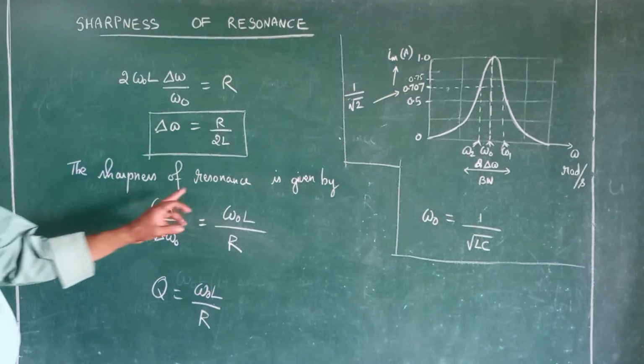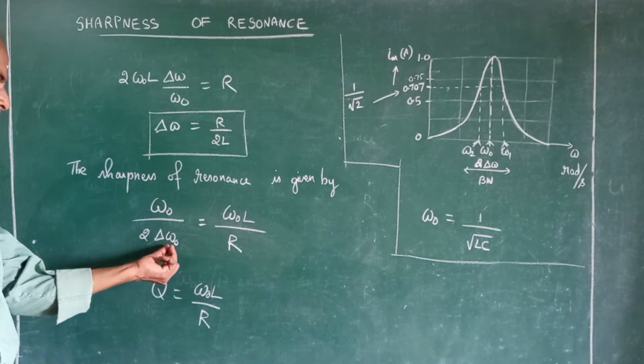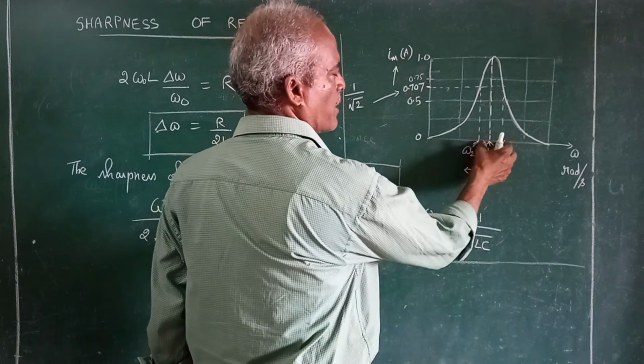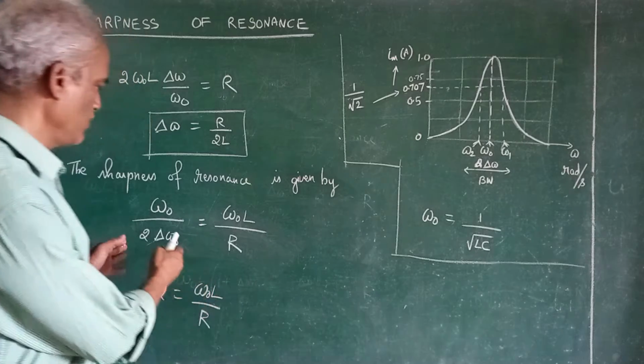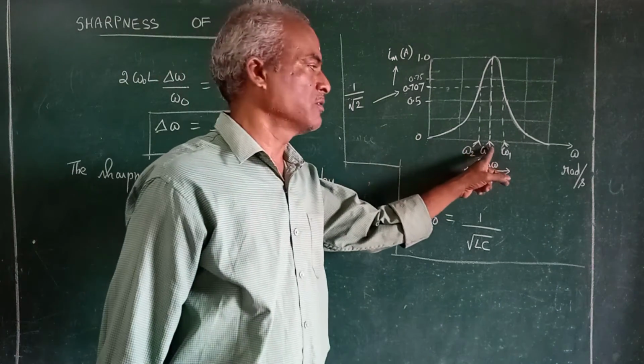The sharpness of resonance is given by ω naught divided by 2 del ω. What is 2 del ω? This is 2 del ω, which gives the bandwidth, and ω naught is the central frequency.